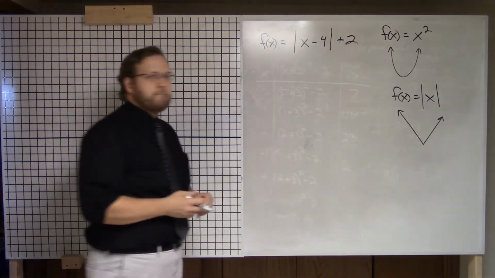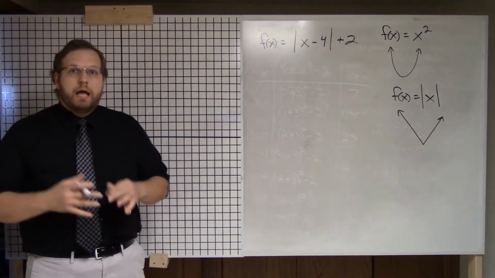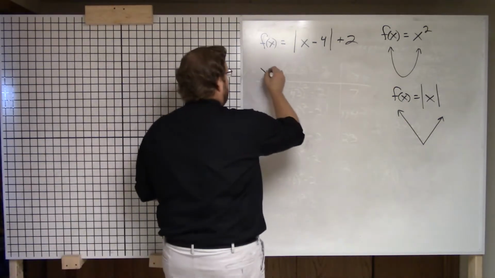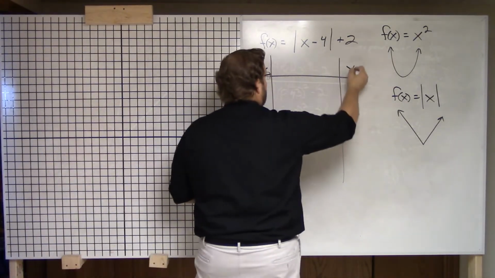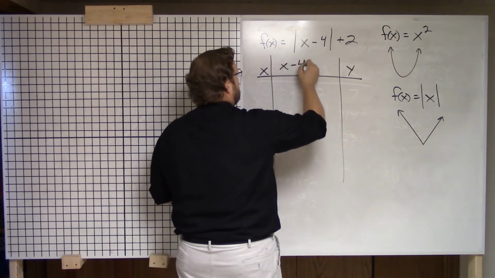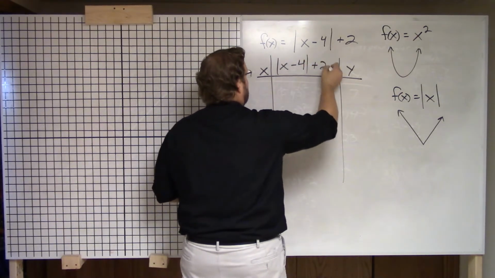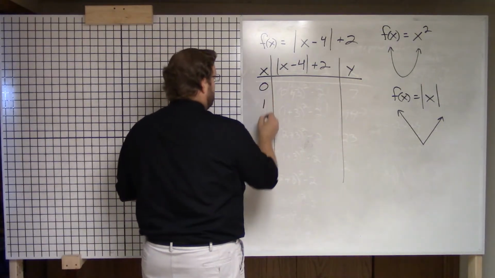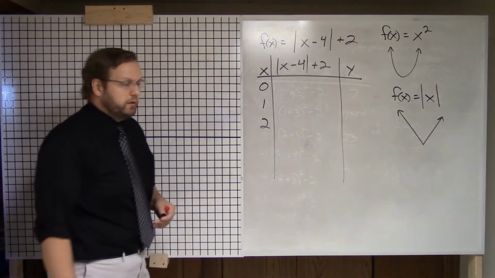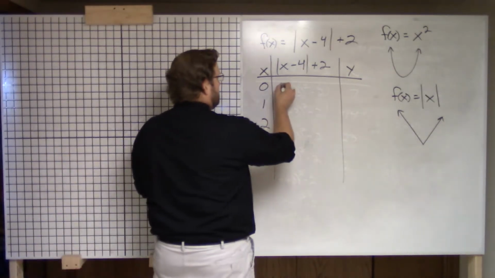Let's say that. Okay? So I got to start somewhere. So I'm making a table of values. Fill this in. And let's see what we get. I'm going to start simple. Let's say 0, 1, and 2. Okay? So if I plug those in, let's see what we get.